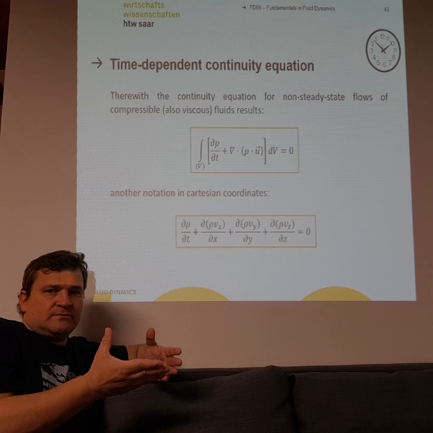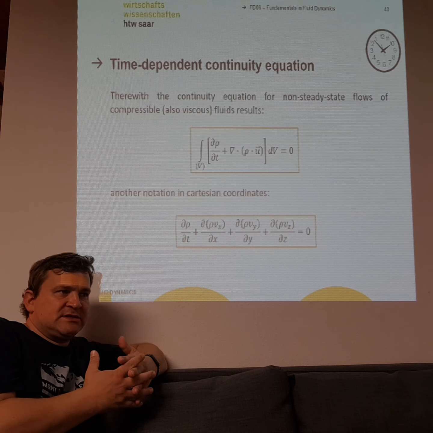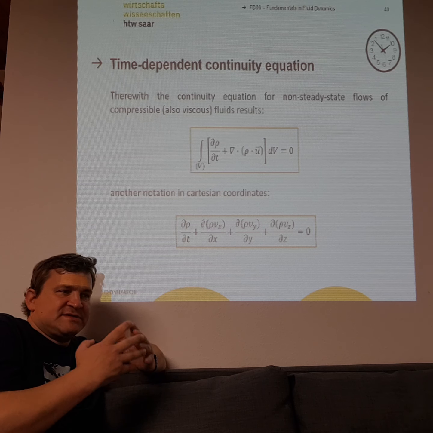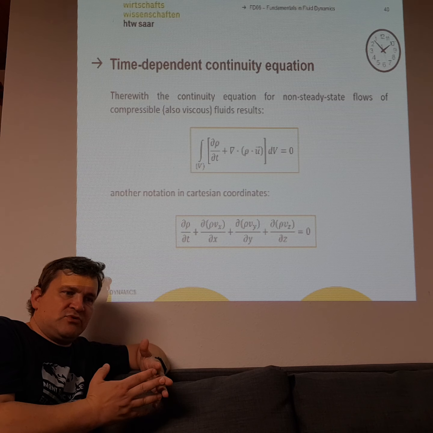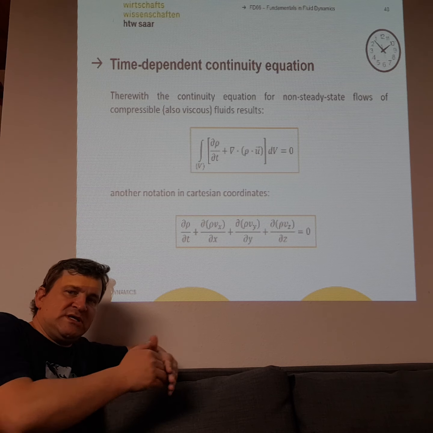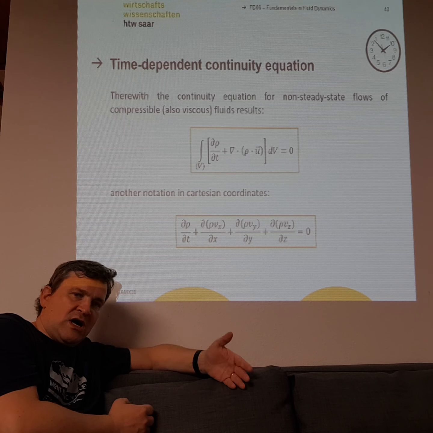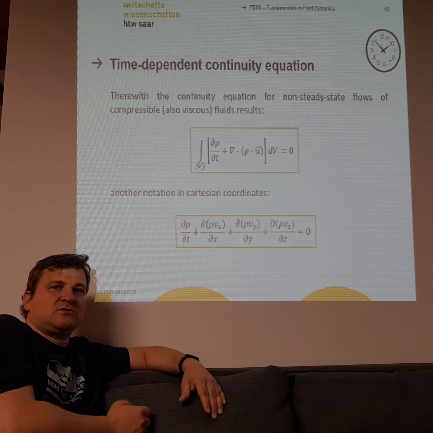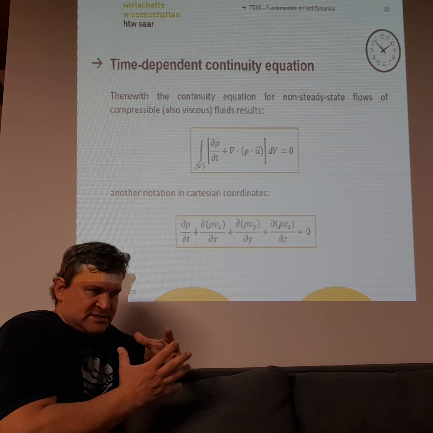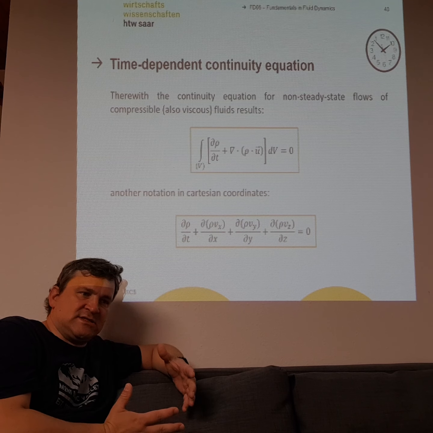Okay, let's try to explain it in a different way. You can have steady state problems where the mass flow inside the control volume is always constant and the mass flow out is also constant. Then you have a stable system, a steady state system.